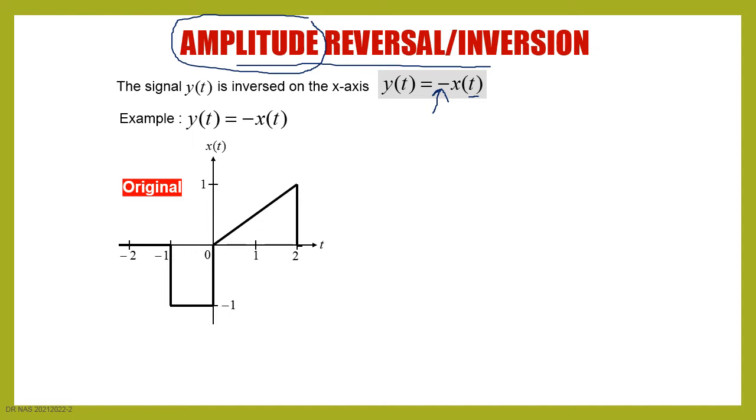So you can copy the same t. 2 remains 2, 1 always 1, 0, 1, and minus 2. But now the positive amplitude becomes negative, so the signal will be down there.